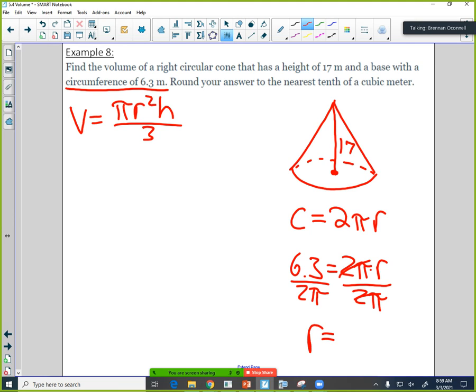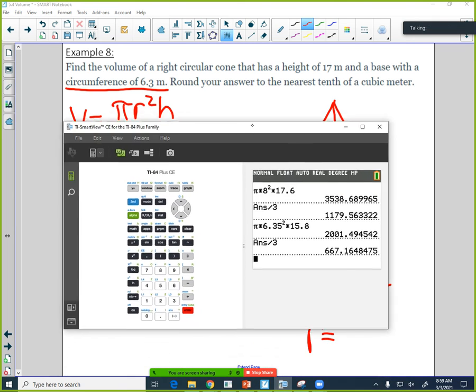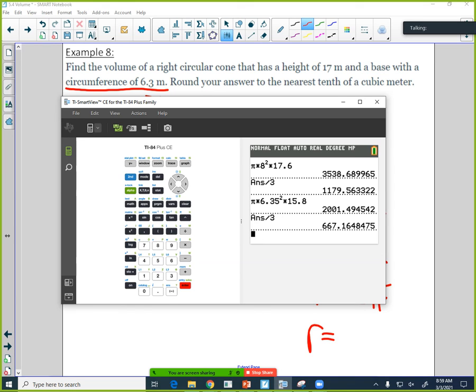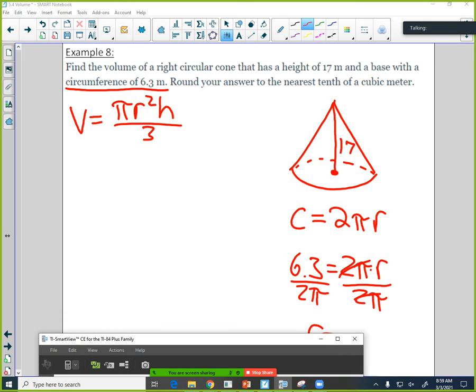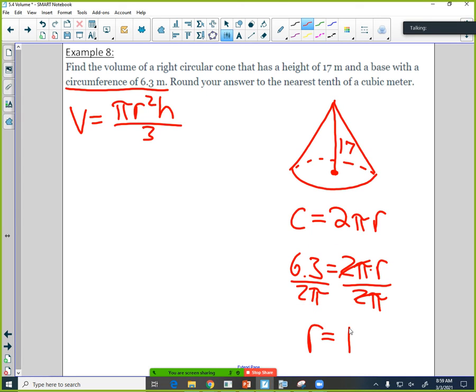And then all I have to do is 6.3 divided by 2 pi. So 6.3 divided by 2 pi. 9.896, about.